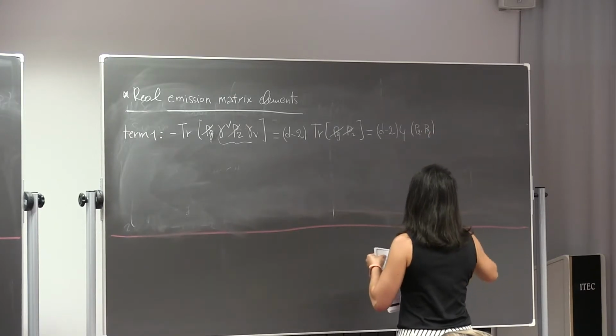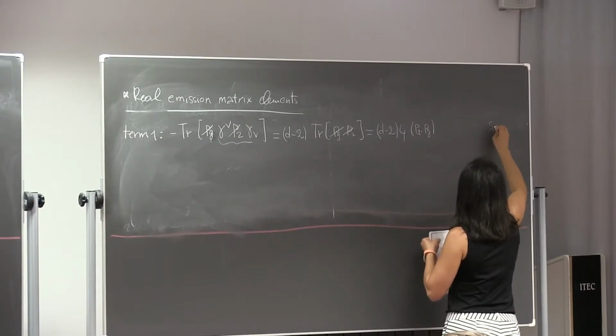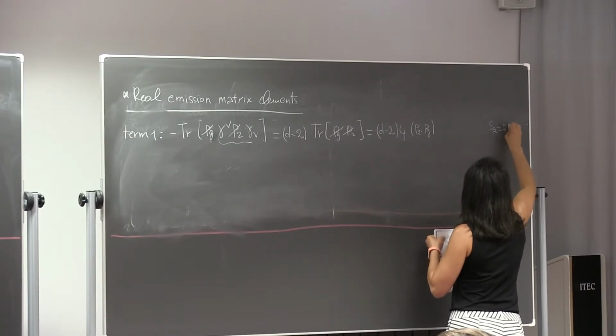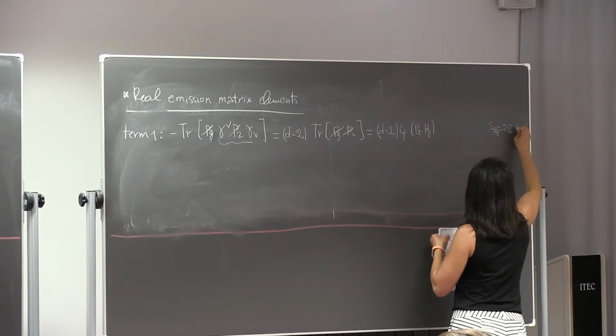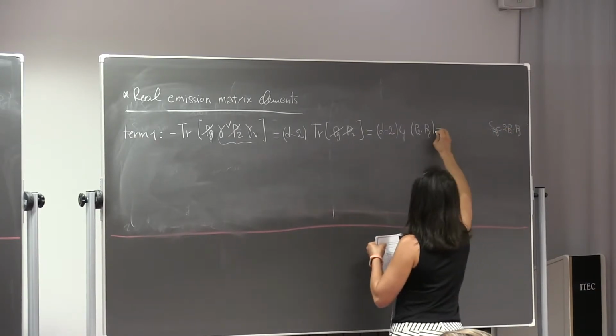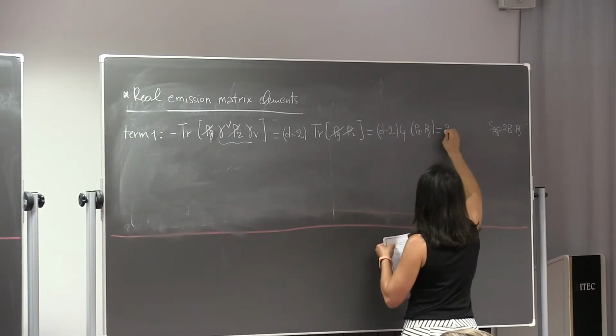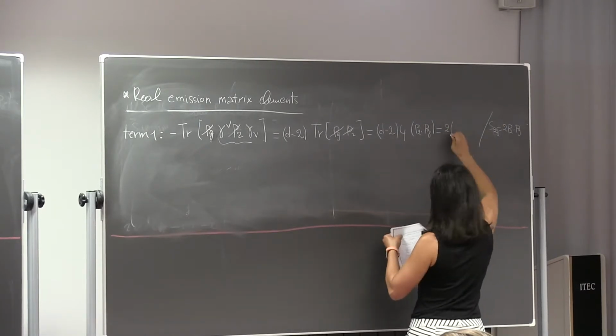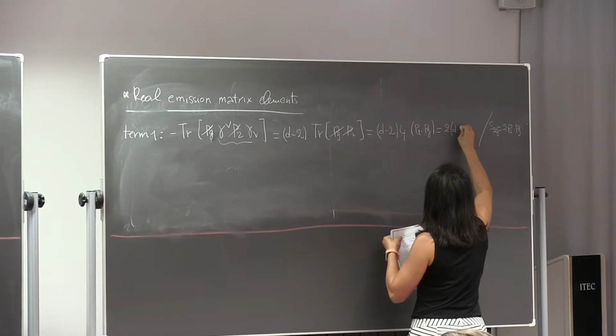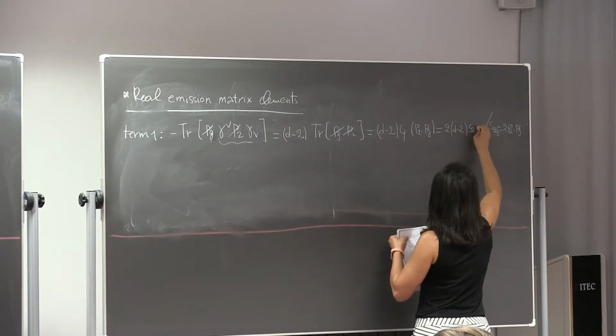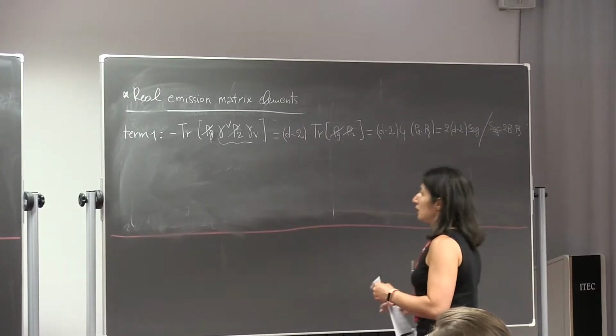Now recall that S2G is 2 times P2 dot PG, so I can just rewrite this as 2 times D minus 2 S2G. So that was the first term.